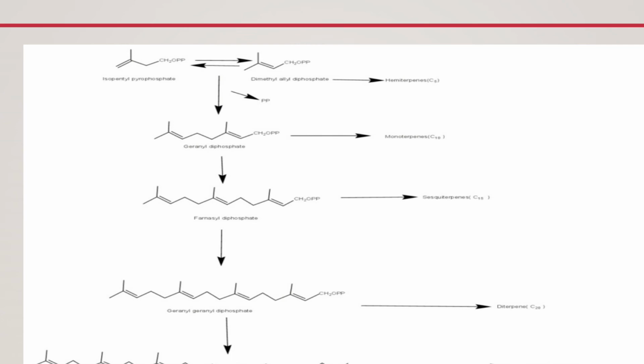Mostly these are acyclic compounds, and therefore they easily break down and show a specific type of aroma. These are not very stable. We will see different examples of terpenoids. Monoterpenoids, such as citral and linalool, are present in citrus fruits.